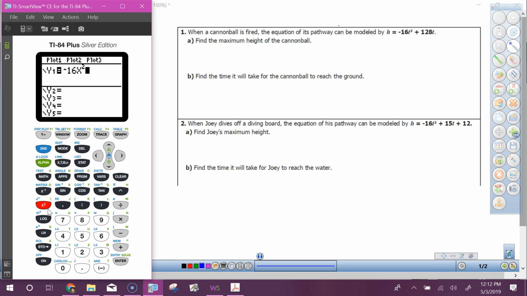Negative 16x squared plus 128x. Yeah, yep. Right? And then we graph. And I basically get a line.